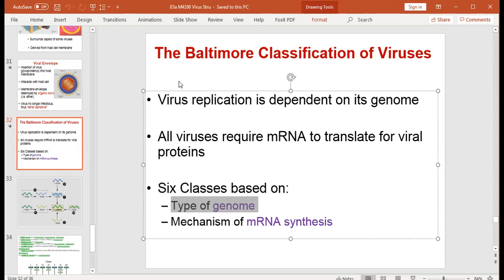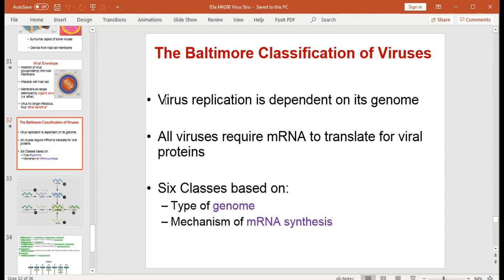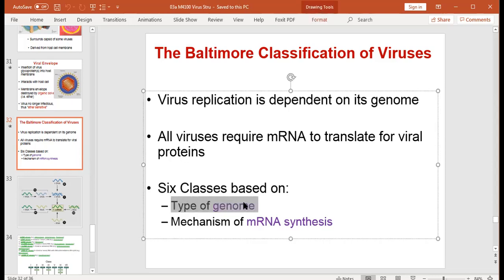And this was based on the observations that the replication of viruses is dependent on their genome, and all viruses require messenger RNA in order to be able to translate their genome into viral proteins. So, Baltimore classification of viruses is based on the type of genome and mechanism of messenger RNA synthesis.